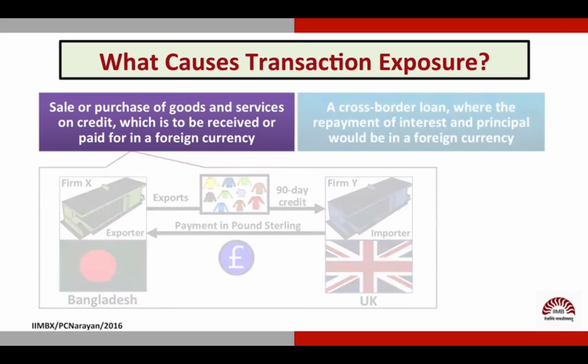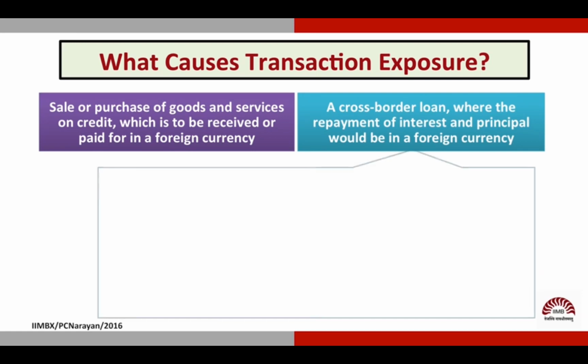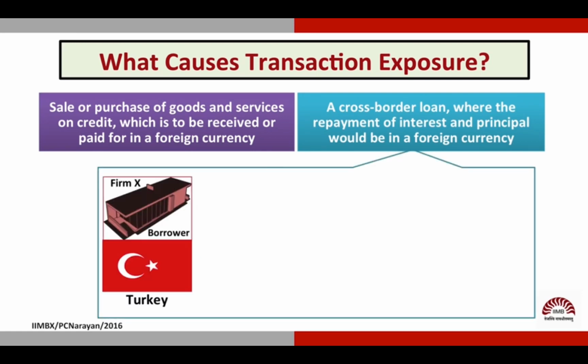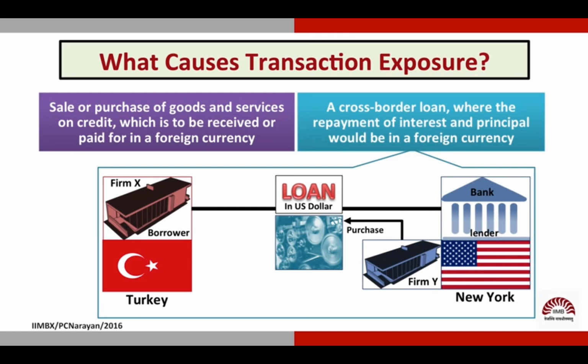Another example, a cross-border loan where the repayment of interest and principal would be in a foreign currency. For example, a Turkish firm sources a loan in US dollars from a bank in New York to purchase machinery from a firm located in the United States.